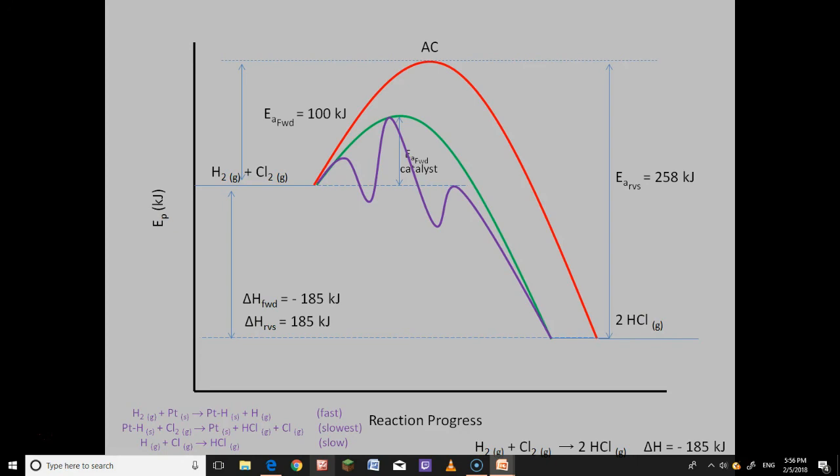And I said that my middle one is my slowest step, so therefore it will have the highest peak. Now, the things that are circled we are calling reaction intermediates because they're not found in my overall reaction. And I would expect to find my reaction intermediates in the troughs in between each of the peaks, right here.